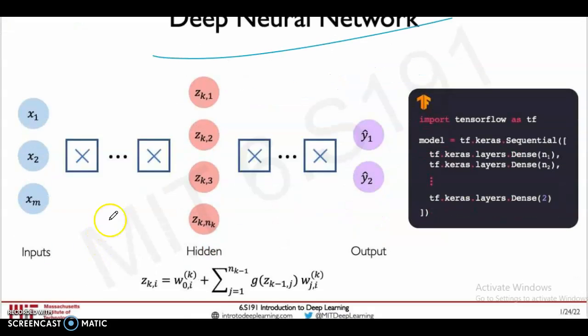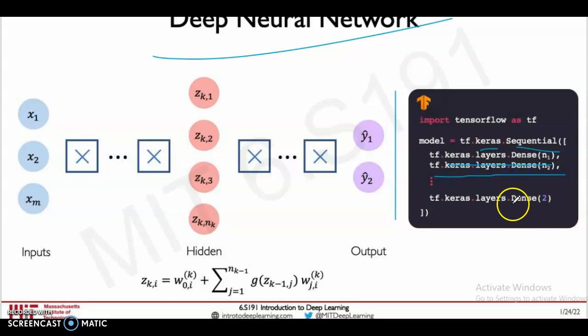Same as input, hidden, output. What is the code? Import TensorFlow as tf. Model equal to tf.keras.Sequential of tf.keras.layers.Dense n1, comma tf.keras.layers.Dense n2, up to tf.keras.layers.Dense 2, close.